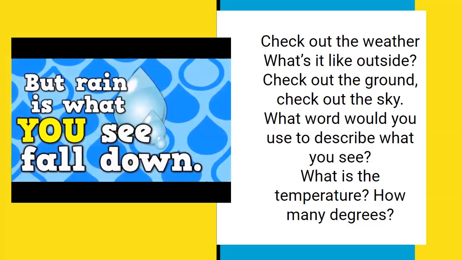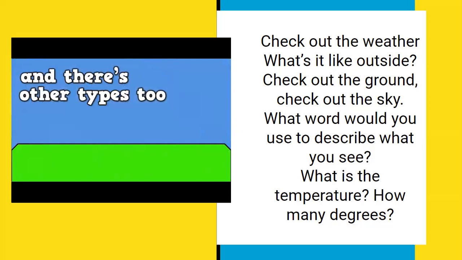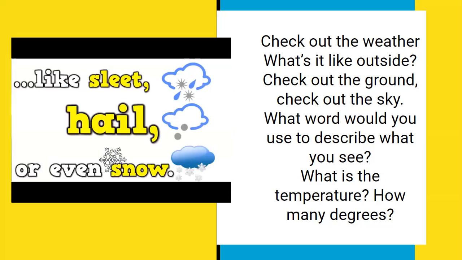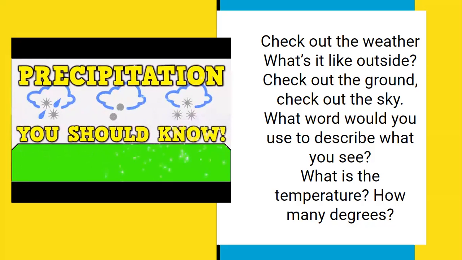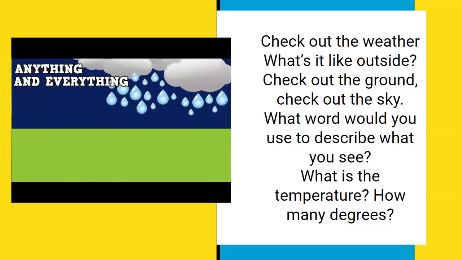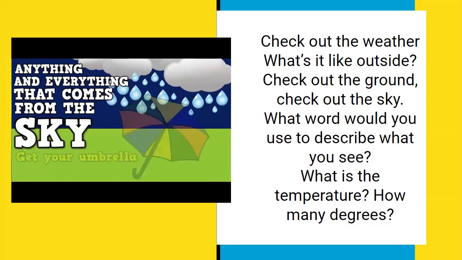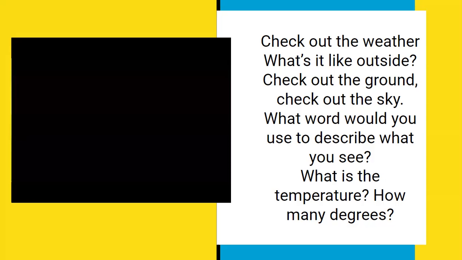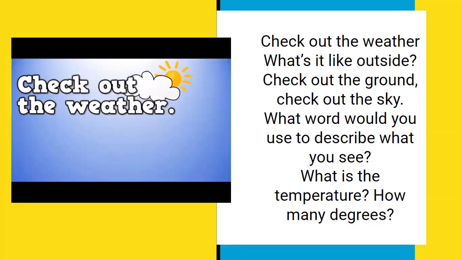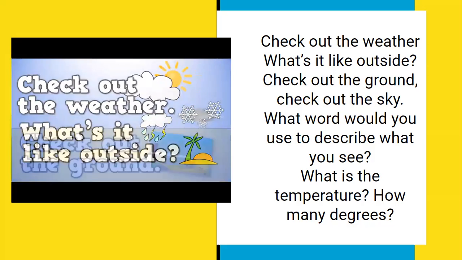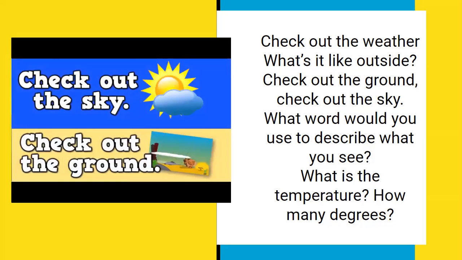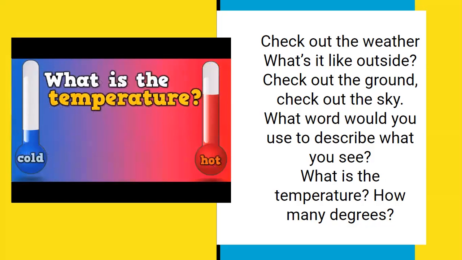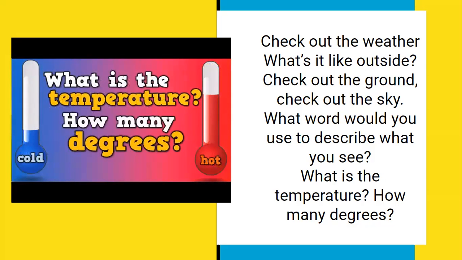But rain is what you see fall down, and there's other types too coming down in your town, like sleet, hail, or even snow. Precipitation, you should know. Anything and everything that comes from the sky, get your umbrella or stay inside. Check out the weather, what's it like outside? Check out the ground, check out the sky. What word would you use to describe what you see? What is the temperature, how many degrees?